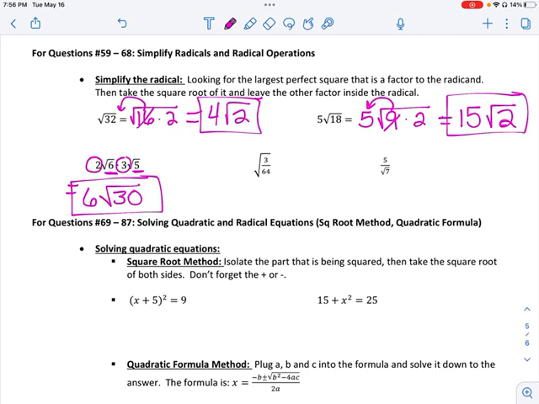Okay? Now let's talk about some division here real quick. The first thing I'm going to do is separate it. So square root of 3 over square root of 64. Then I look at this and say, okay, what is the square root of 64? And that is 8. That's a perfect square. So my simplified fraction would be square root of 3 over 8. On this last one, I have 5 over the square root of 7.